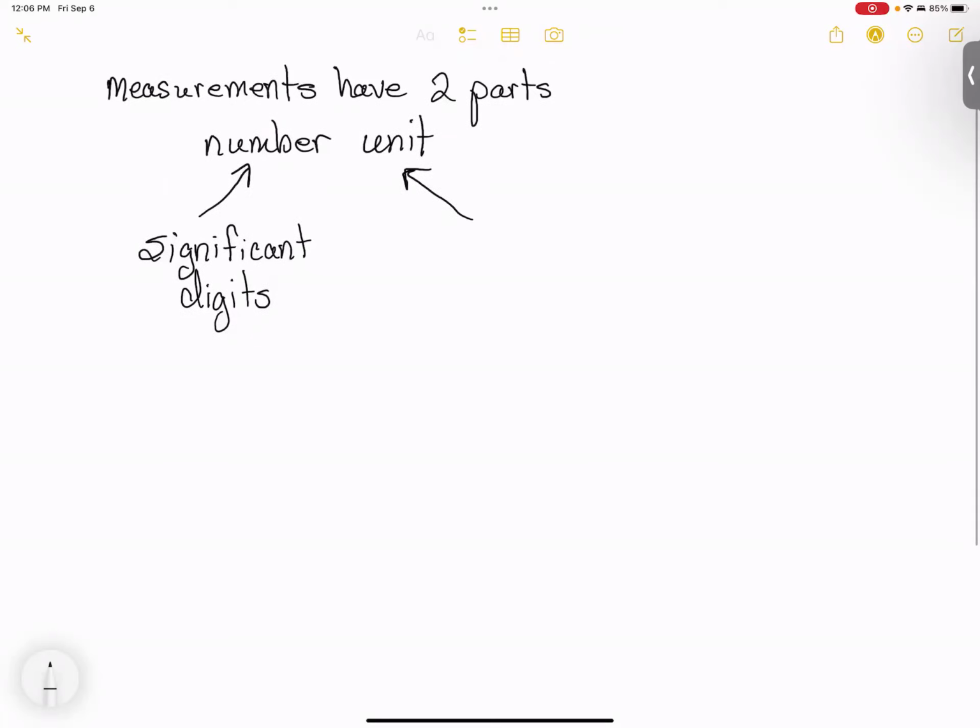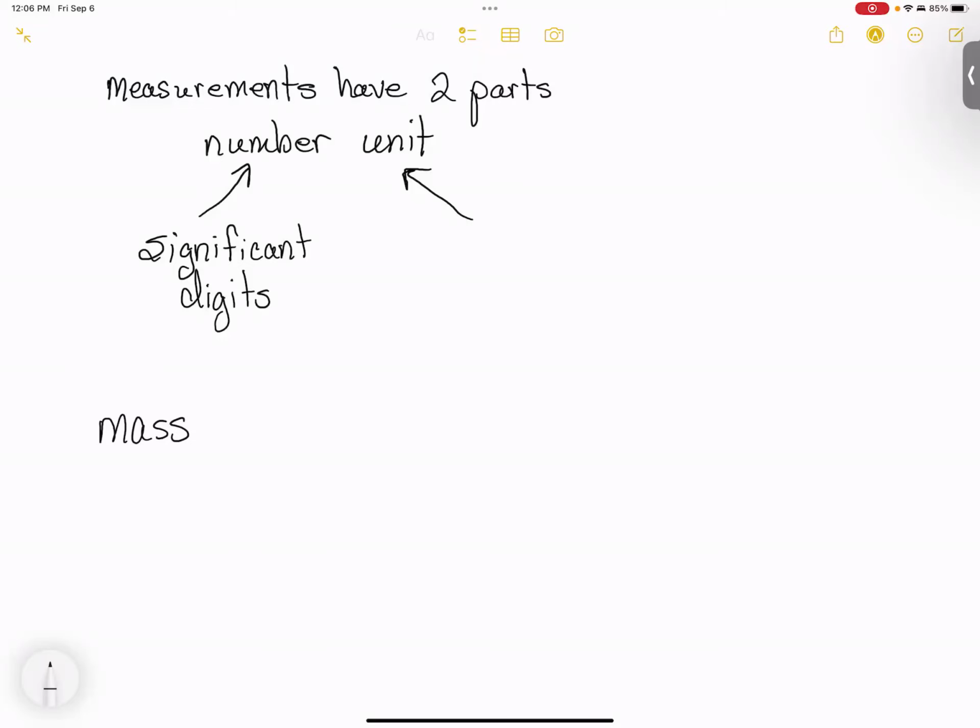The first unit we're going to talk about is mass. Now, mass is different than weight. When you go and weigh at the doctor's office or weigh on a scale at home, what you are obtaining is a weight.